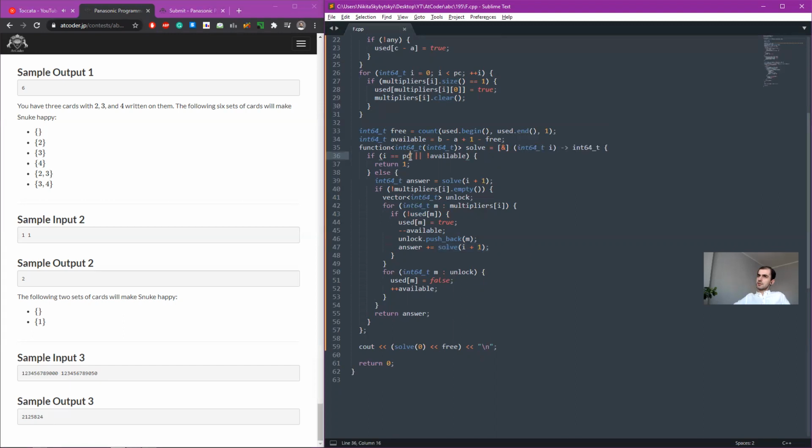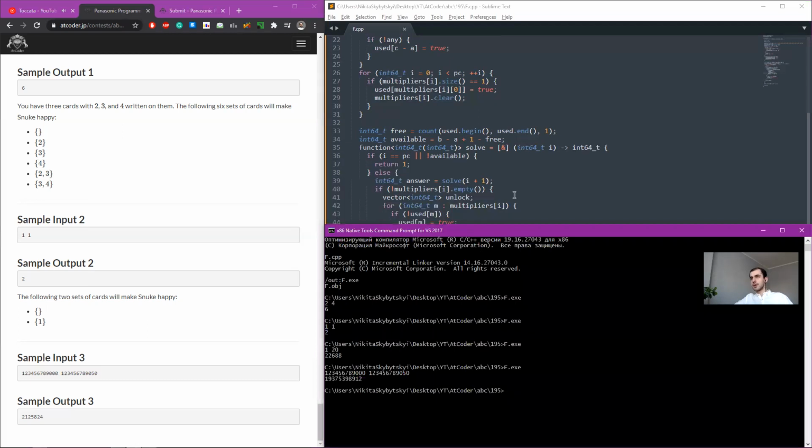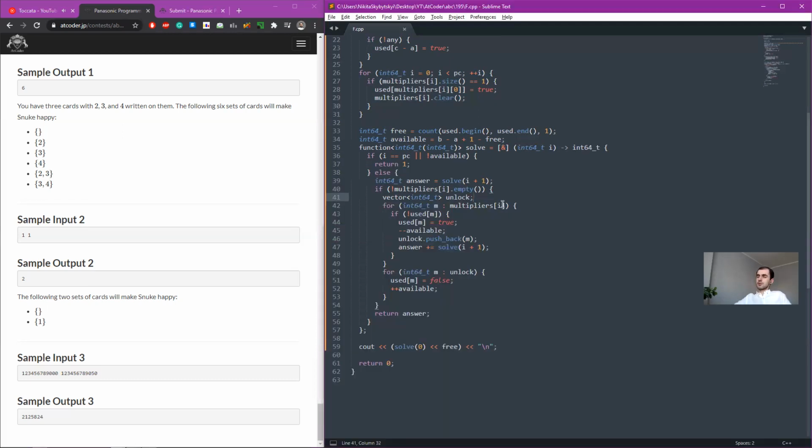It actually sounds strange to me that we always return 1 once we go here. Everything kind of looks like it's right. I don't know, has it finished? Yeah, it has finished.